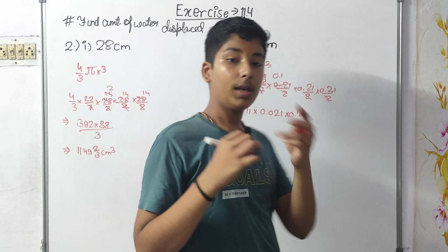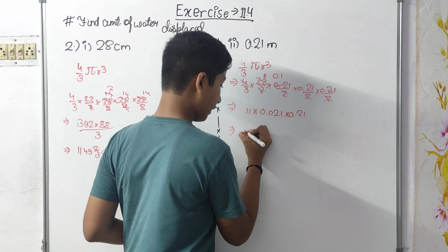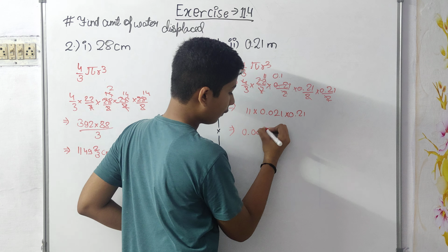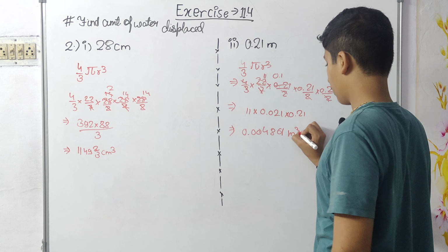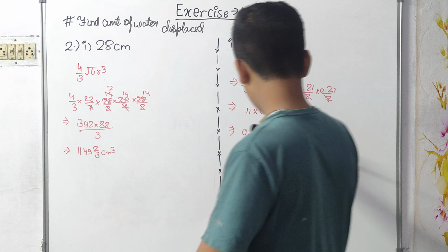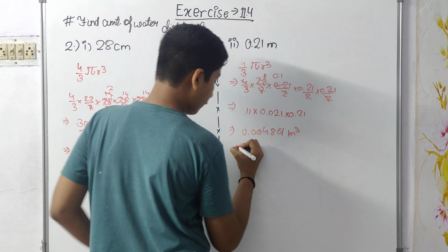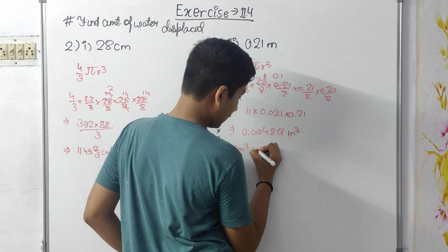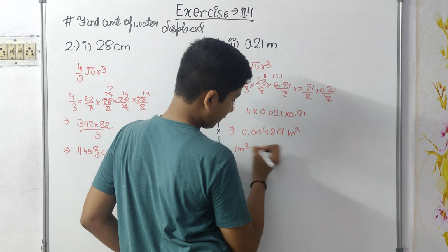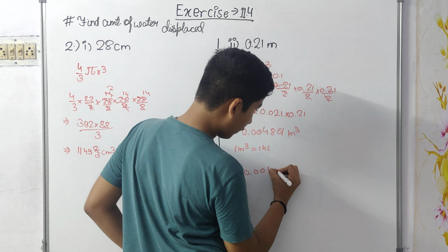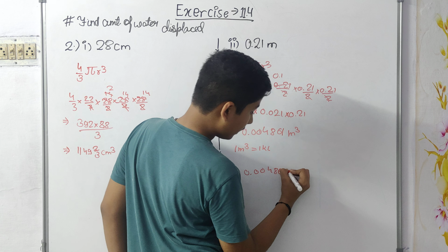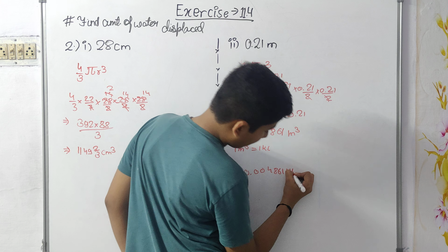And when you solve this, you will get the answer 0.004861 meter cube. And we know that 1 meter cube equals 1 kiloliter. So it would be 0.004861 kiloliter.